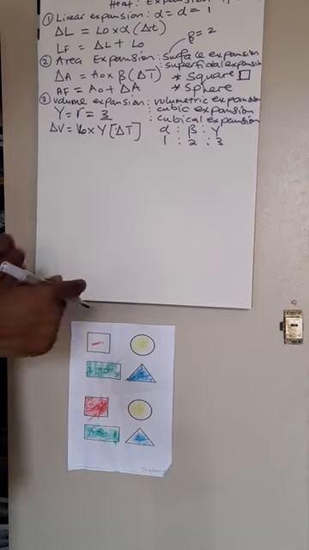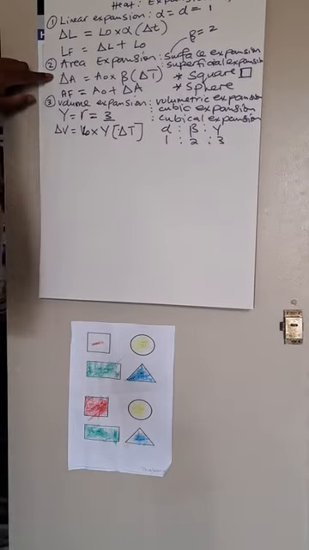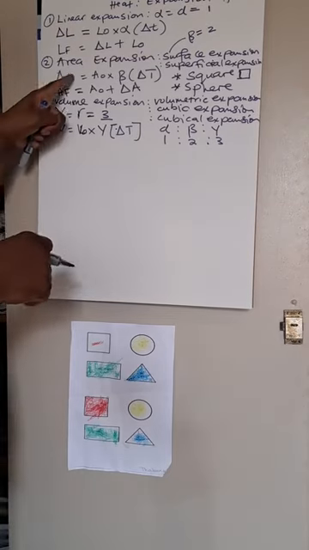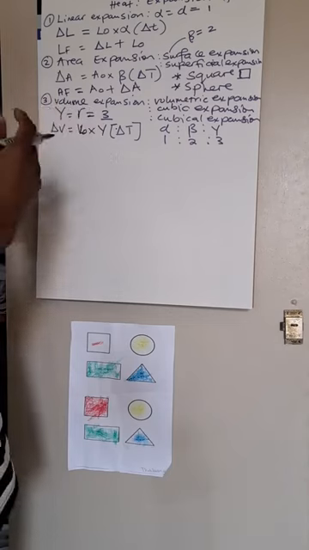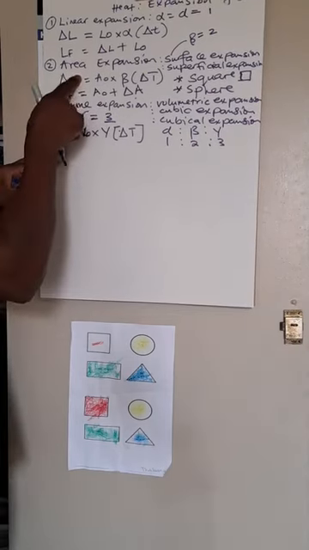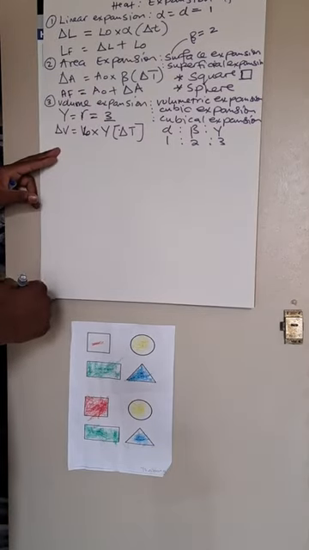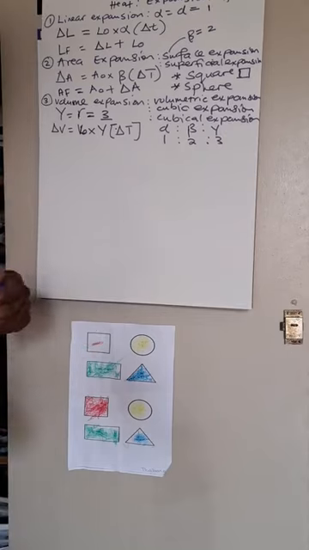The biggest challenge is that in the exam, they might give you a linear expansion but want you to calculate area. If you are given your expansion in linear form but want to calculate your change in area, that is where the drama usually starts. I think you will see as we solve some questions.